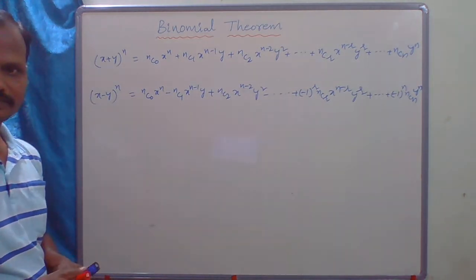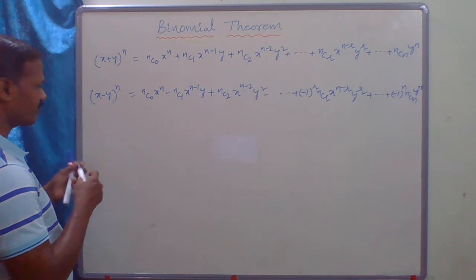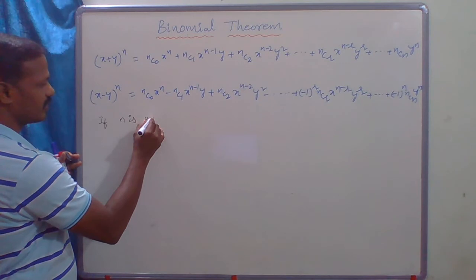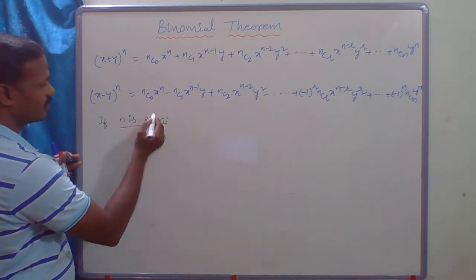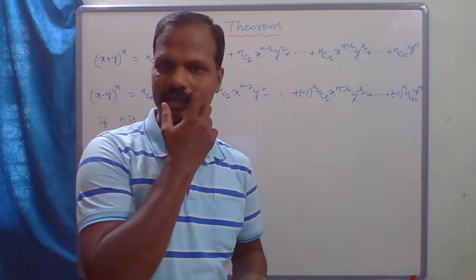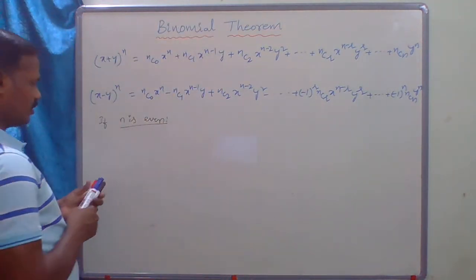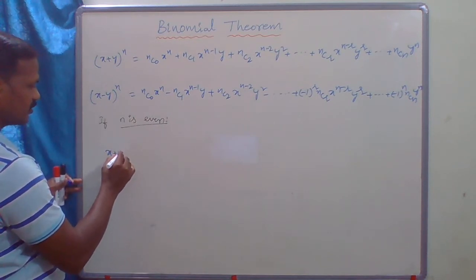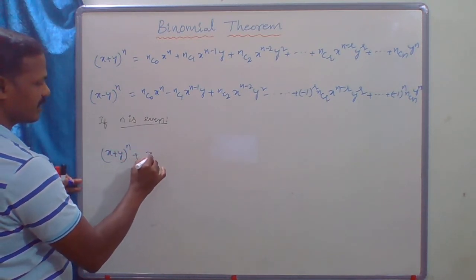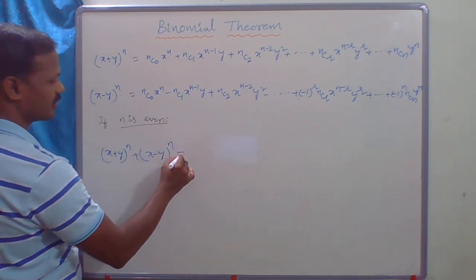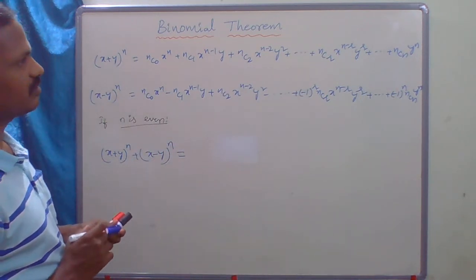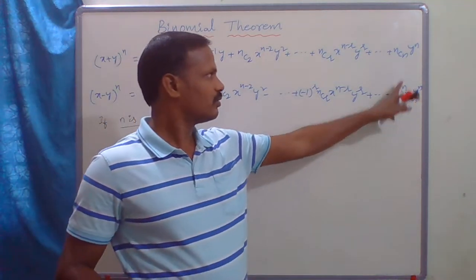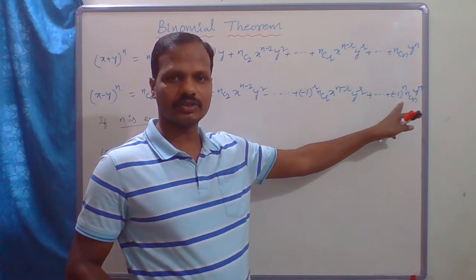Now the first case, if n is even. In this case (x + y)^n + (x − y)^n, if n is even, so this is positive.